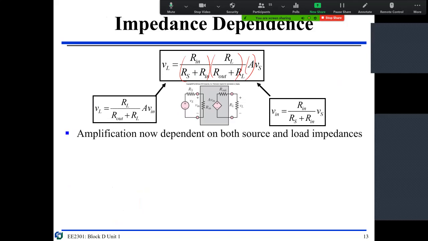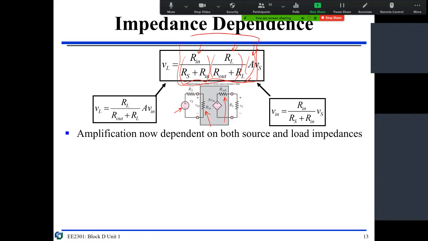It is dependent not only on how big A is, so it's not only the amplification A, but also this one and this one. That means this resistance as well as this resistance are playing a role in my total equivalent amplification.